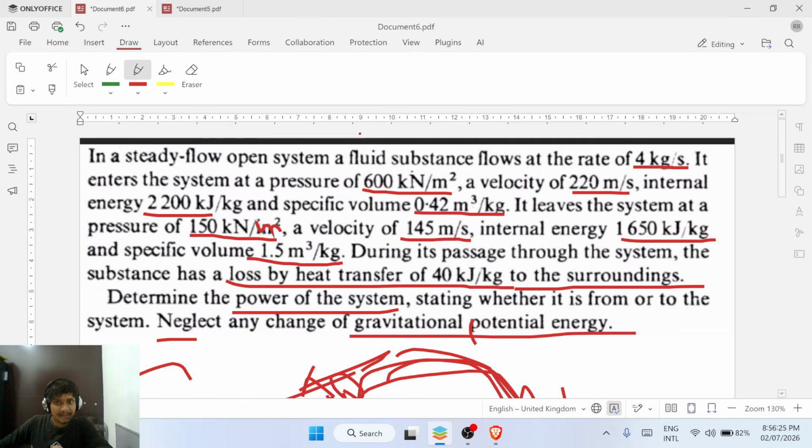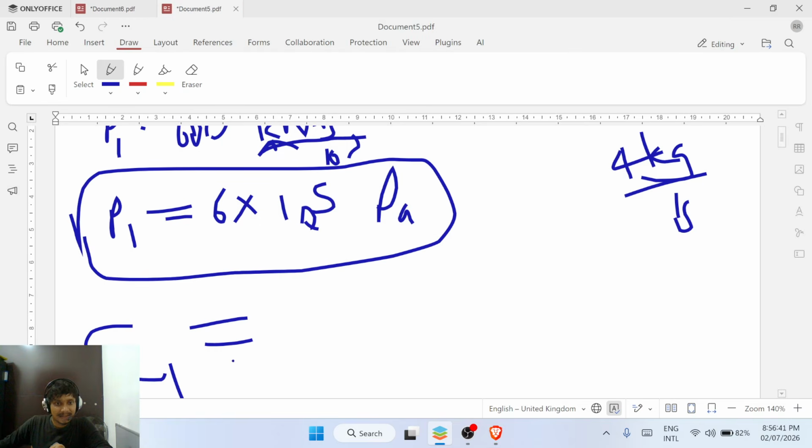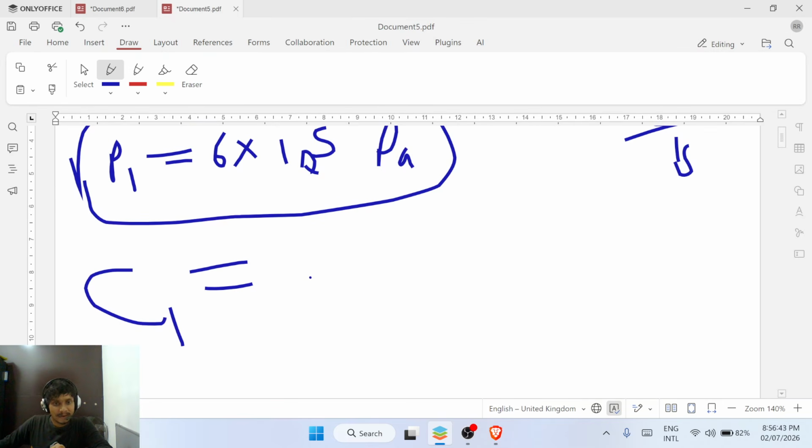Now they mentioned that the initial velocity is 220 m s^-1. Here we will not use v for velocity, because we will use v for volume. Therefore, here we use the symbol c for velocity.